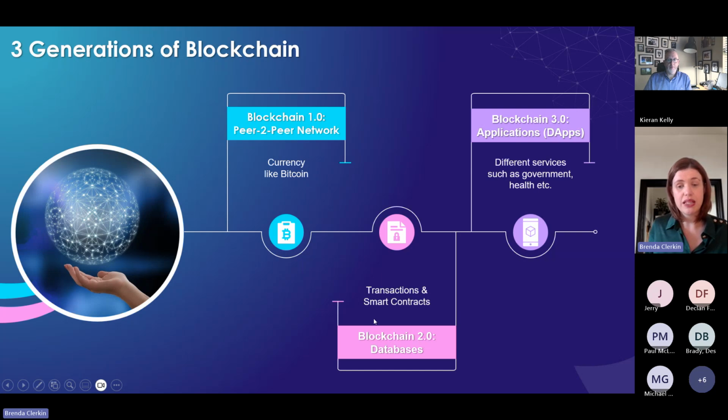Blockchain 2 brought in this idea of smart contracts, and I'm going to talk a little bit about that on the next slide. Blockchain 3 was a further development, and it introduced dApps. In other words, it gives the blockchain a capability to go beyond itself in terms of its functionality. So say, for example, there was an element within the blockchain that needed exchange rates to convert foreign transactions.